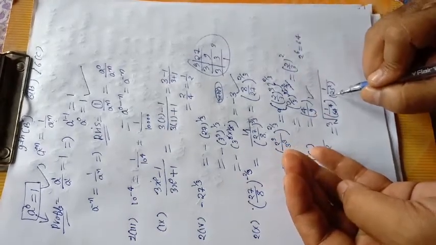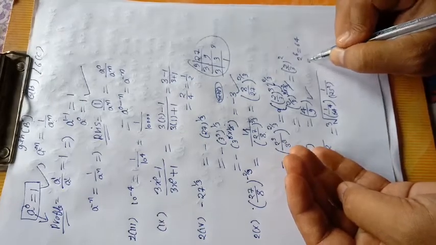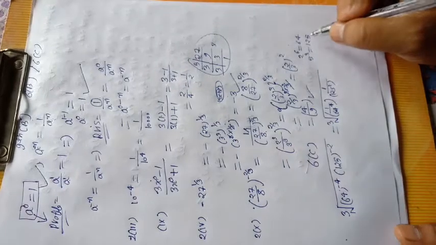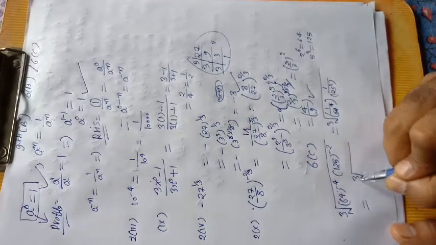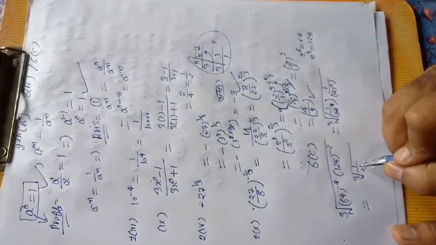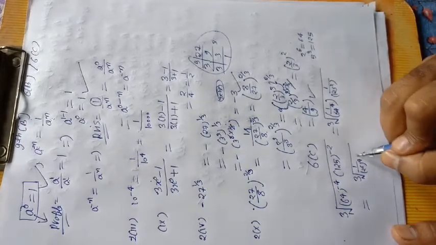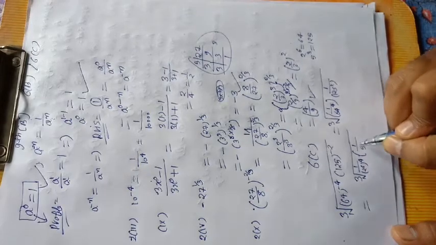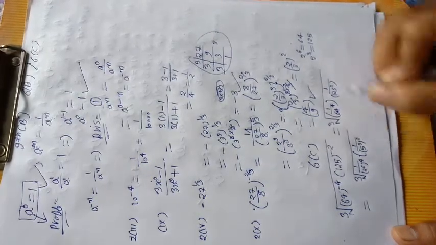And 125: 5 fives are 25, 25 fives are 125, so 5 to the power 3 equals 125. Now the cube root of 1 upon 2 to the power 6, whole power 4, into 1 upon 5 to the power 3, whole power 2.